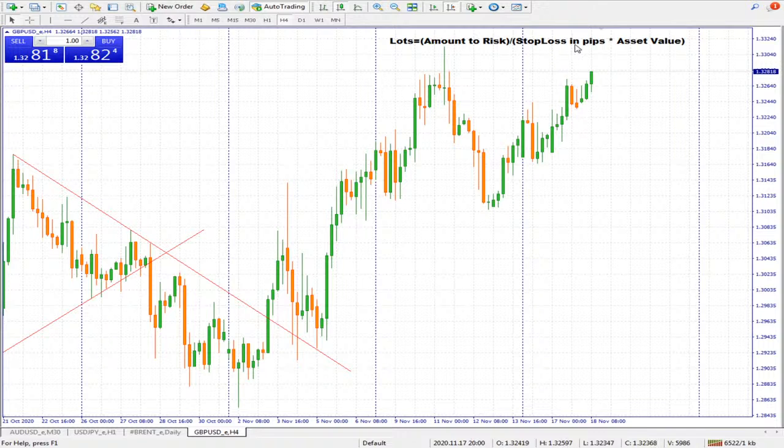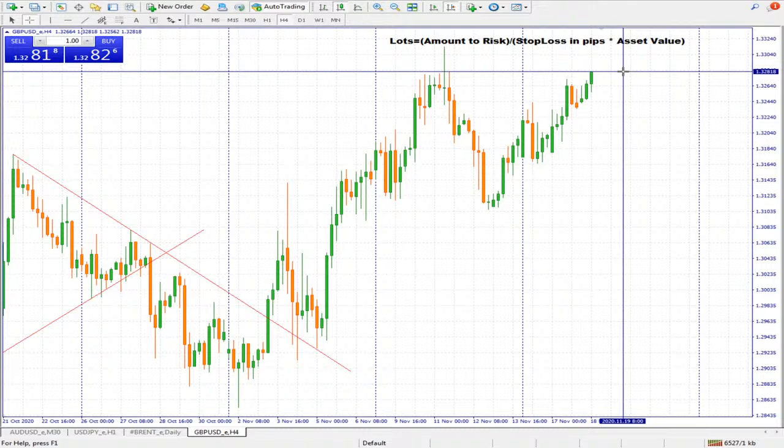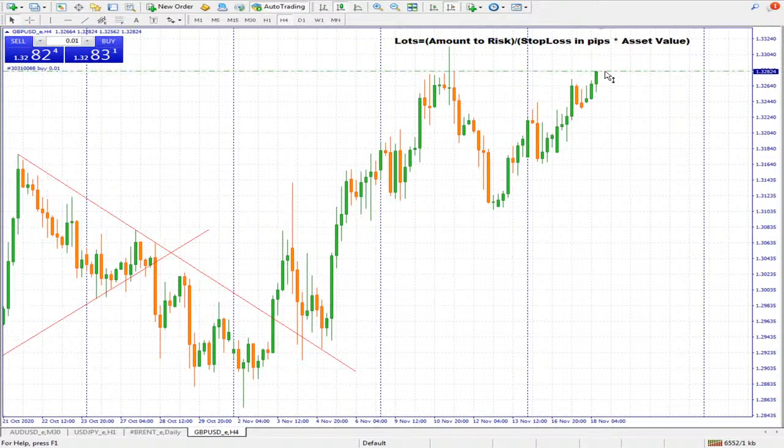Stop loss in pips is basically the distance between where you are entering the trade and where the stop loss should be set. If you enter here at 0.01, the stop loss in pips is the difference between your point of entry and the stop loss itself.